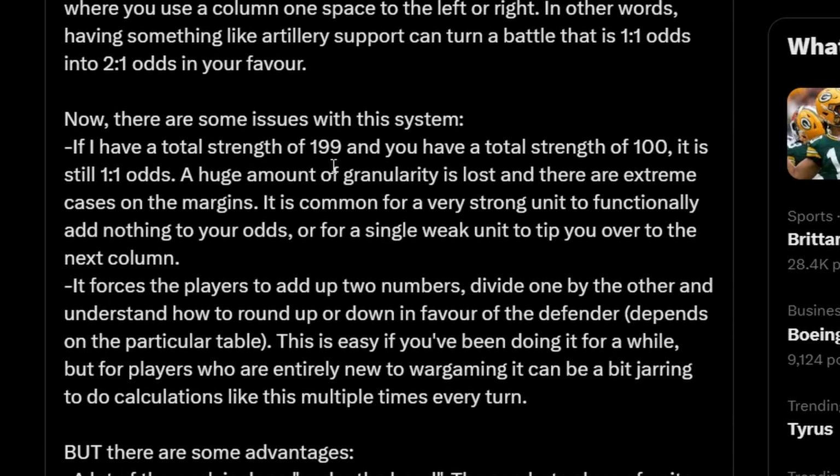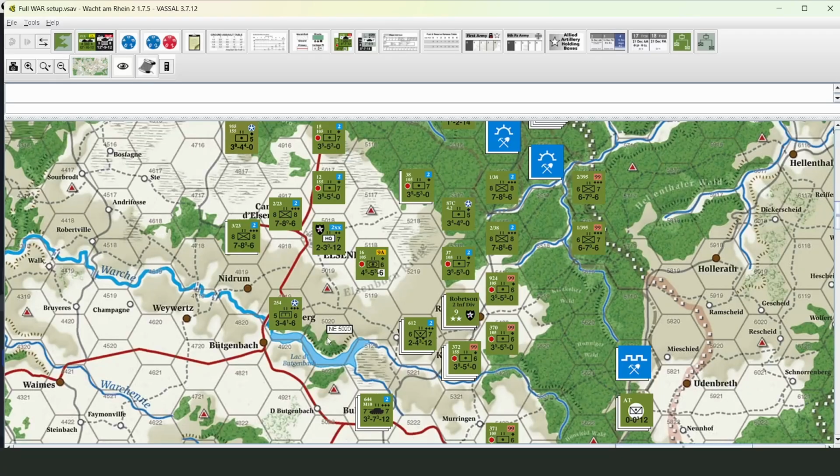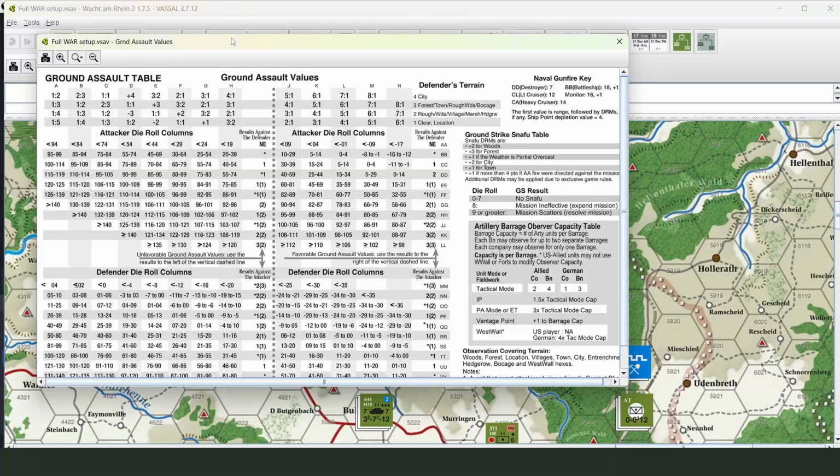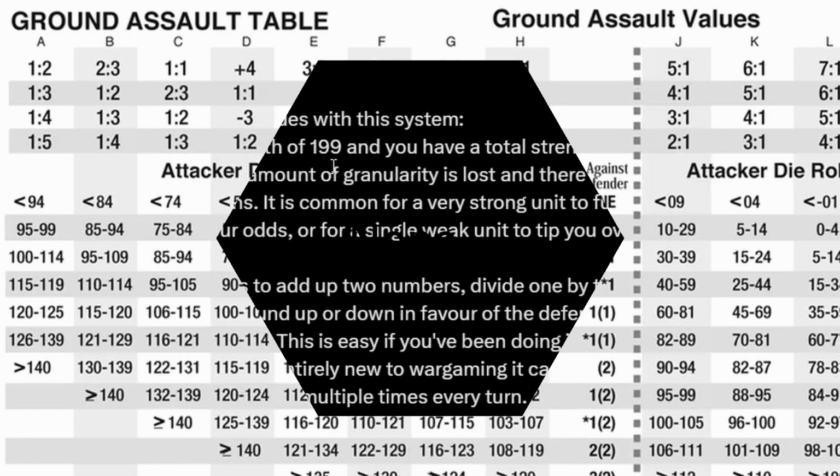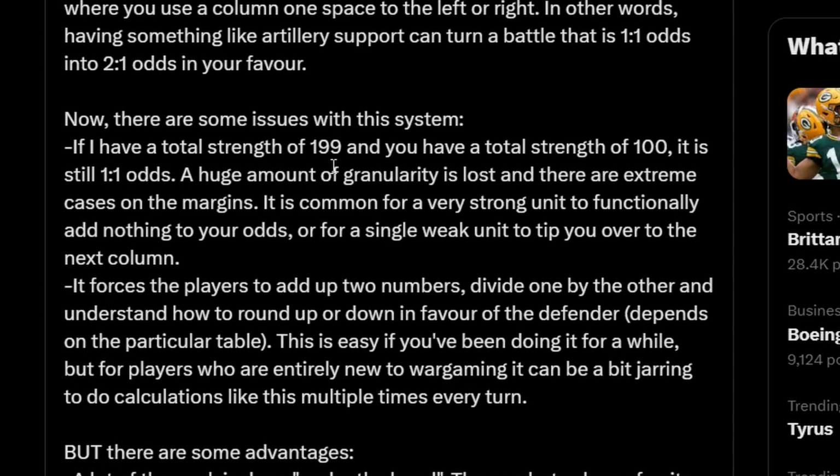And so if you have decimal-based odds tables, which do exist, I think GOSS might have decimals in their tables. I've seen decimal tables, where 1.5 to 1 is different than 1-to-1. So there's no need to say that 199 to 100 is necessarily 1-to-1.